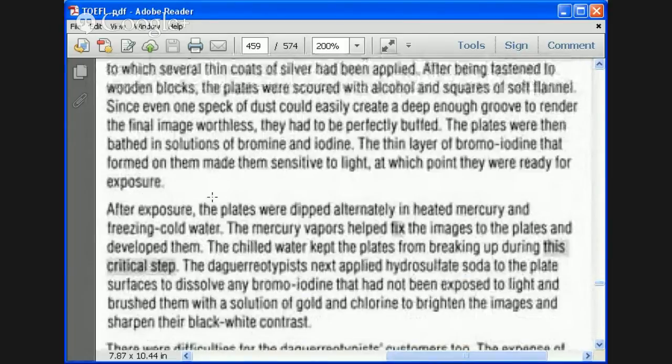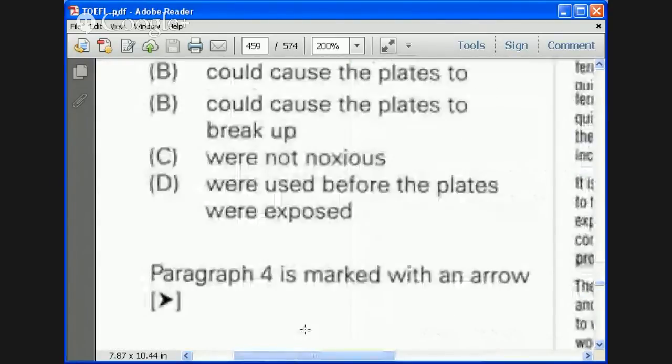Wait. So before, the plates were bathed in solutions of bromine and iodine. And after, they were put in mercury.